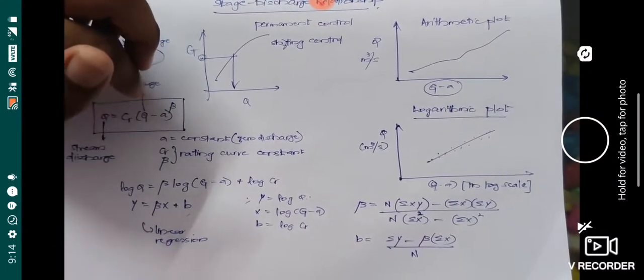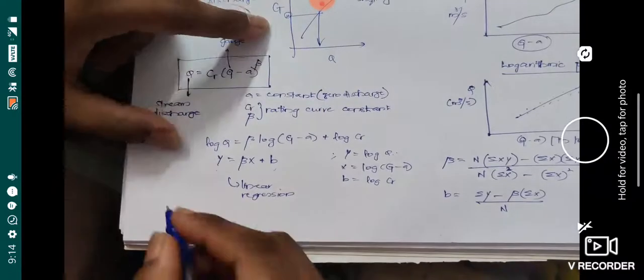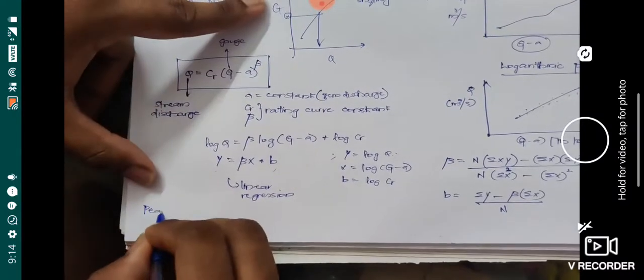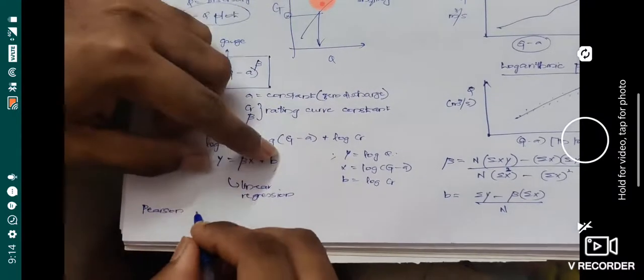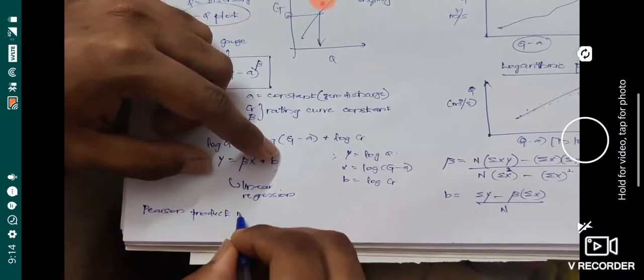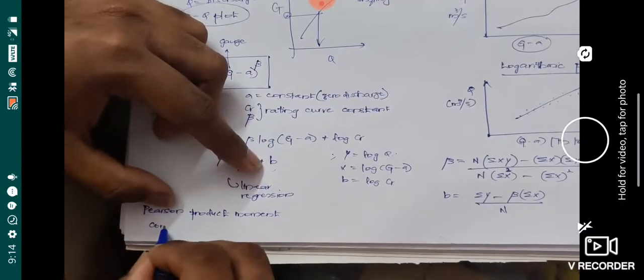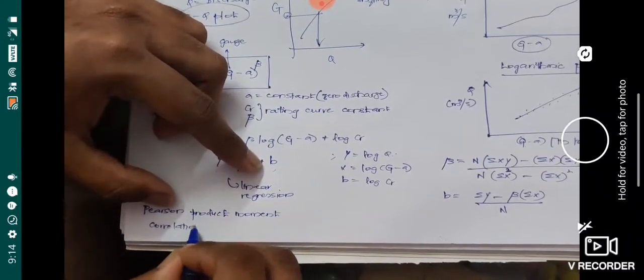Now in order to find how accurate your value is, you have to use one term which is called the Pearson product moment correlation coefficient.